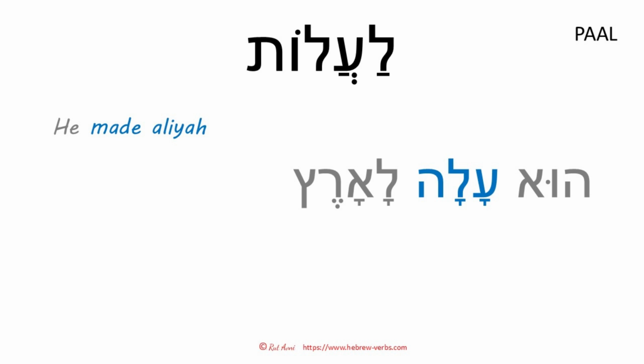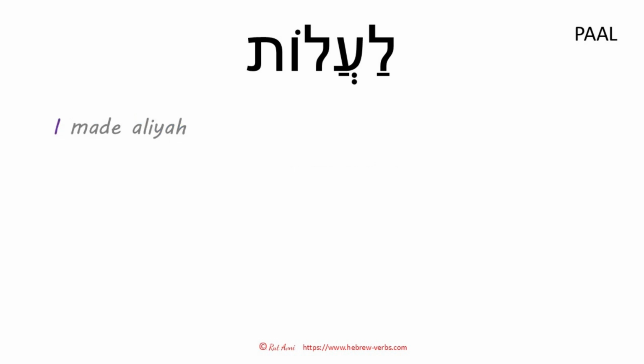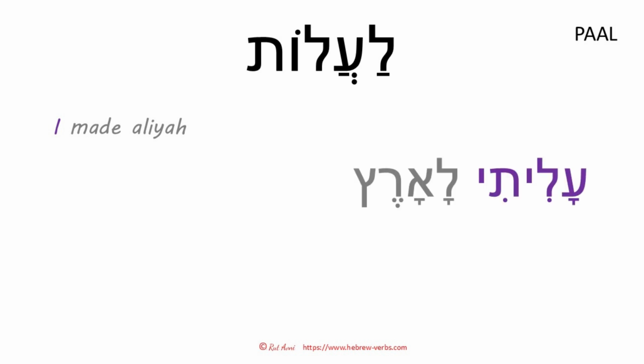Okay, ala, that looks very pa'alish. Pa'al, I made aliyah, no gender here. Aliti la'aretz. Why is it aliti and not alati? Because, hey, lisgor, to close.